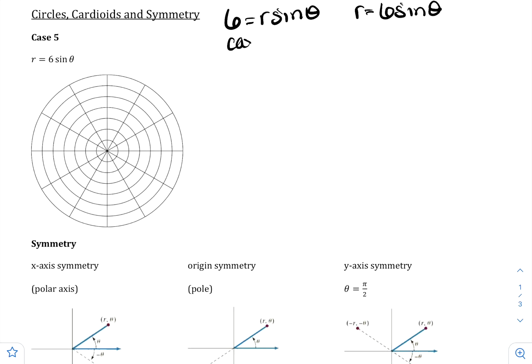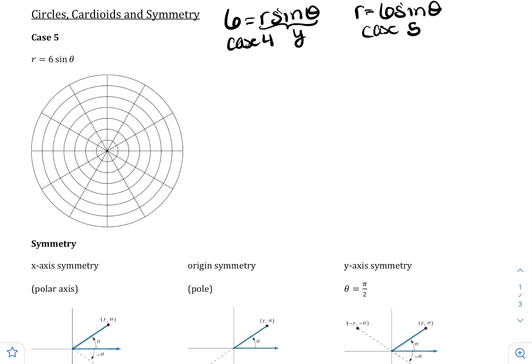This was case 4. This is case 5. So they are different. When r sine theta is on one side, you can change it to y, and it's going to be a horizontal line. So be careful between the two, because they're similar, but one has r on one side by itself.